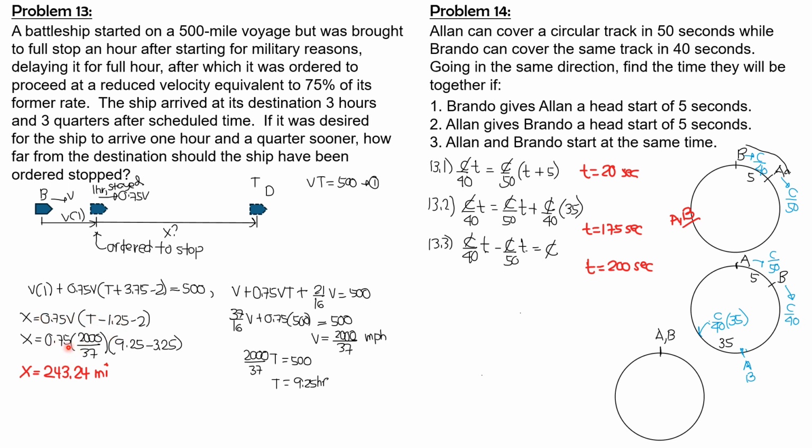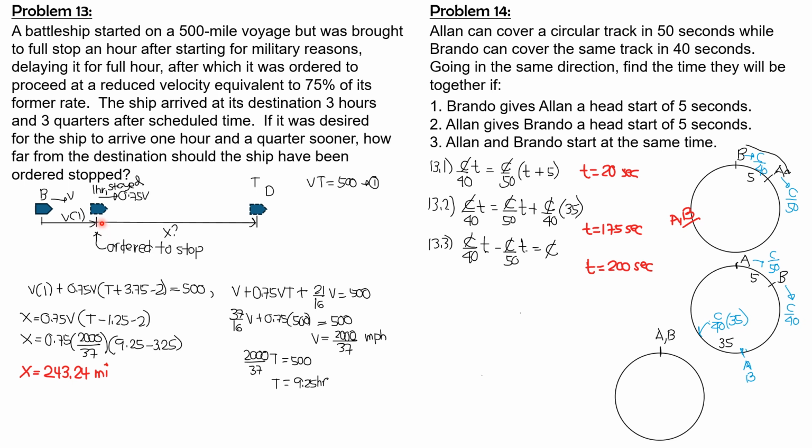So 0.75 times the normal speed of the battleship, then times quantity t, which is 9.25 minus 1.25. Without this delay here, the battleship should be expected to reach here in t minus 1.25.